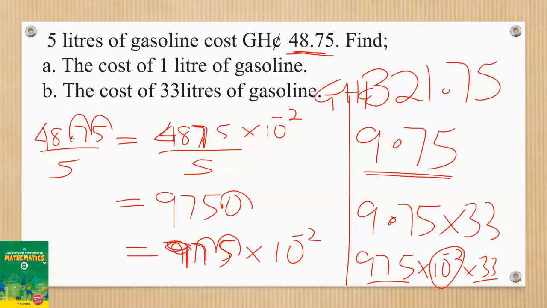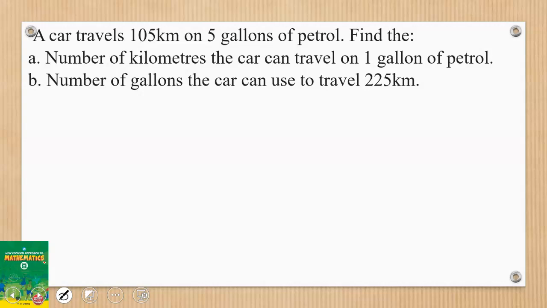Let's try another example and see. A car travels 105 kilometers on 5 gallons of petrol. Find the number of kilometers the car can travel on 1 gallon.